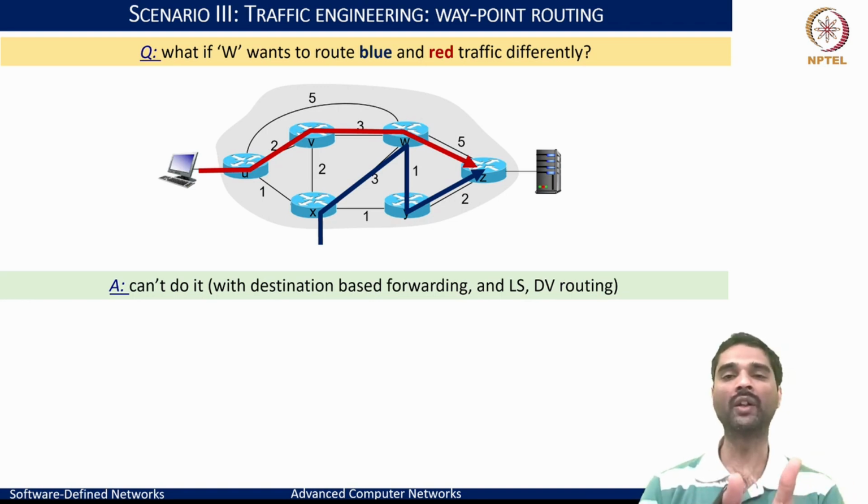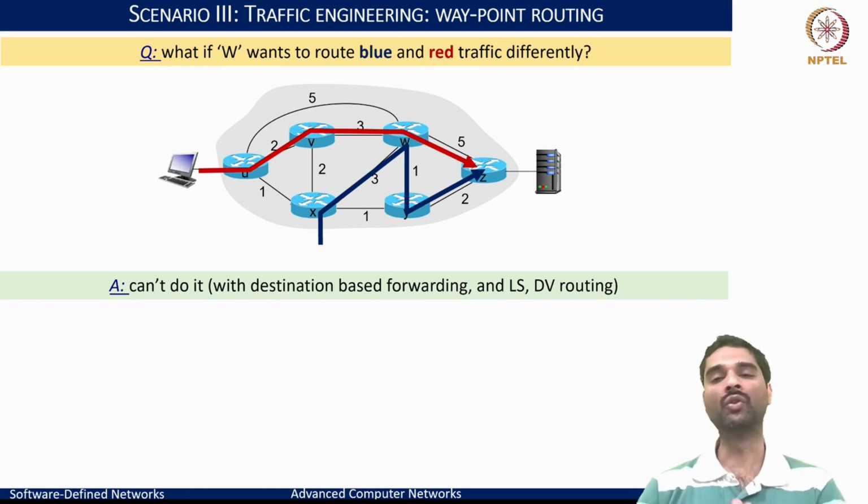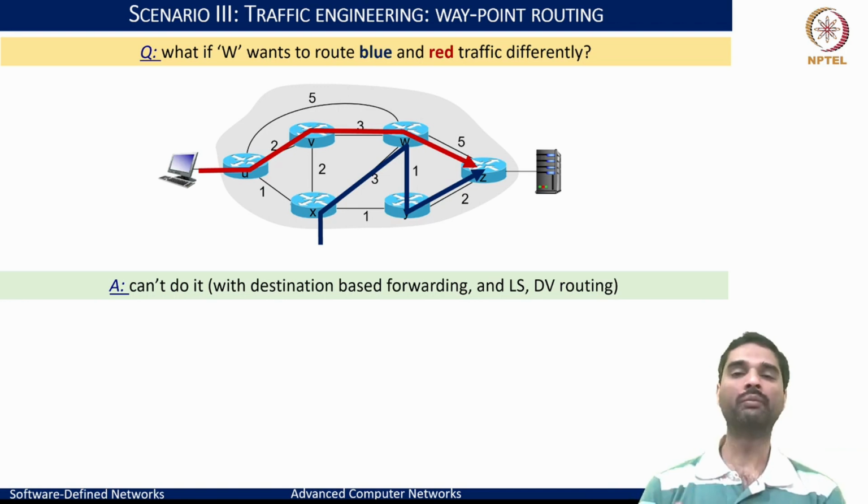If I say that a blue traffic has a policy that it has to go through router W and then router Y, eventually to router Z, while for the red traffic, we have a policy which says it has to go just through router W and then eventually make its way to Z, then if we are able to provide this abstraction of policies and ensure that they can be met by the routing framework in terms of how the forwarding for specific red and blue packets is dealt with, we would have achieved our purpose.